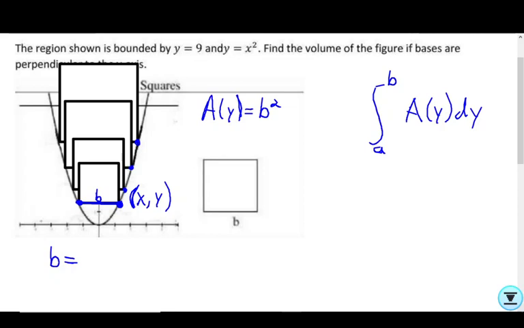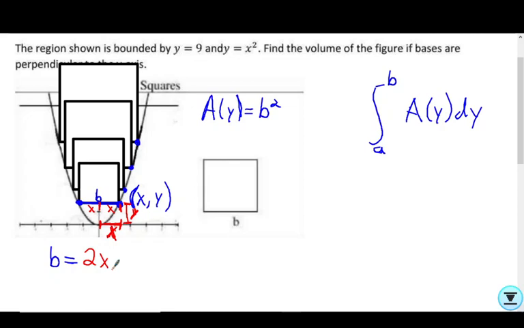Because when we plot a coordinate, basically we go this far in the x, this is our change in x, to here, and then we go from here to here in the y. So this distance right here, from here to the corner, that is my x distance for that coordinate. Which means any of these bases, this distance from here to here is x. Which means the entire base length is going to be 2x.